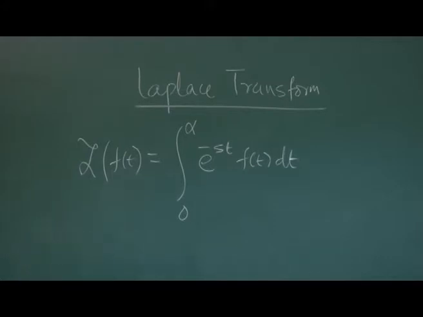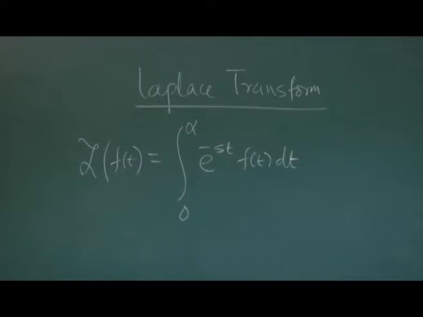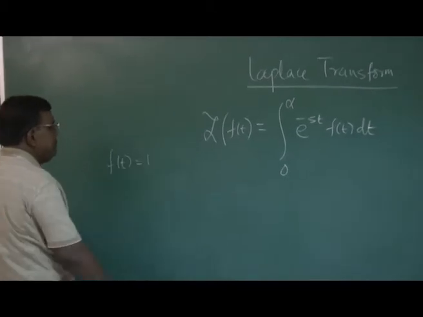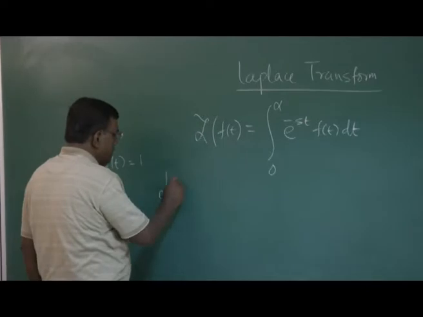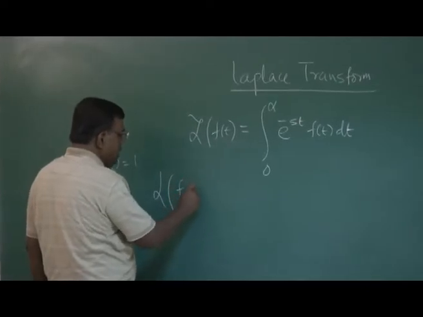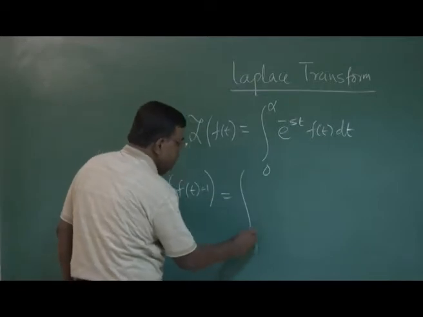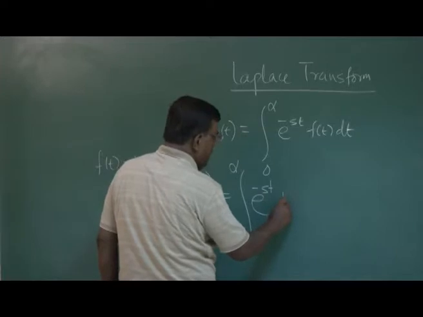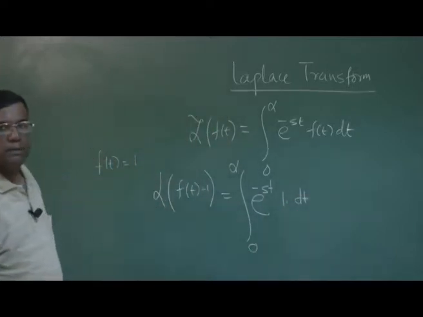So what is the advantage of this? Let us see. Once I take Laplace transform for a function, let us say the function is f of t equal to 1, right? Then what will happen? Laplace of f of t, which is equal to 1, will be integral 0 to infinity e to the power minus st, f of t is 1, into dt, right?